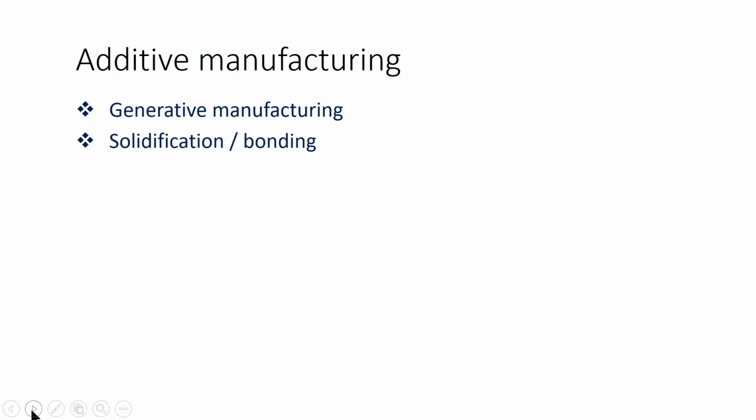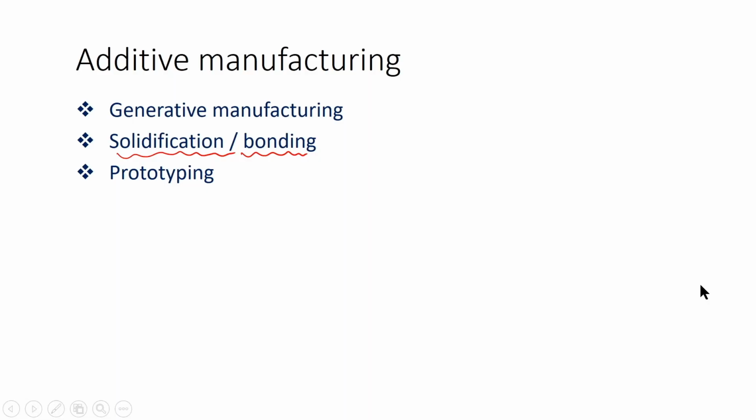It basically comprises the solidification and bonding of the material. So, we are liquefying the material, and then the material will be allowed to solidify. During the process of solidification, it will get bonded to the layer, it will get bonded to the other material. Additive manufacturing is very useful in the development of prototypes.